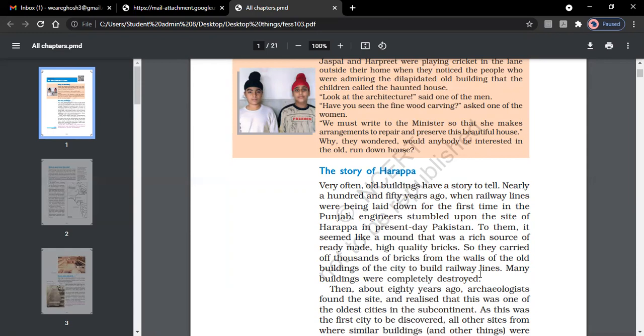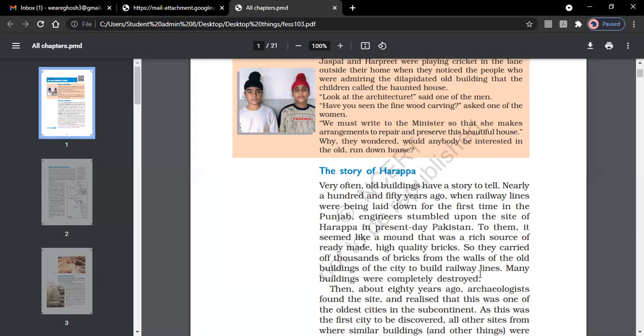The first line and the last line of the very first paragraph are important lines, and you can get two different questions from this. That is, why do old buildings have a story to tell? And secondly, why were many buildings completely destroyed? So underline these lines.